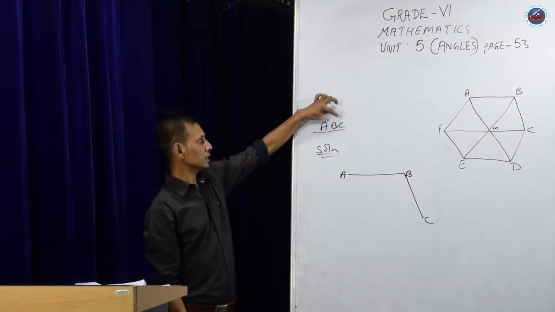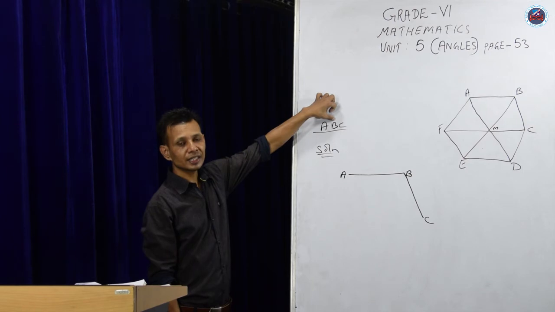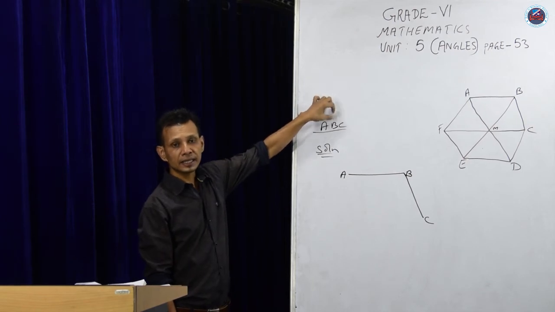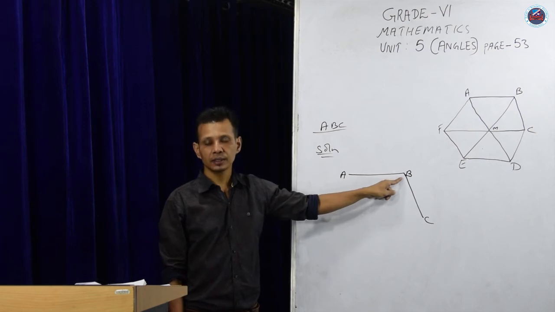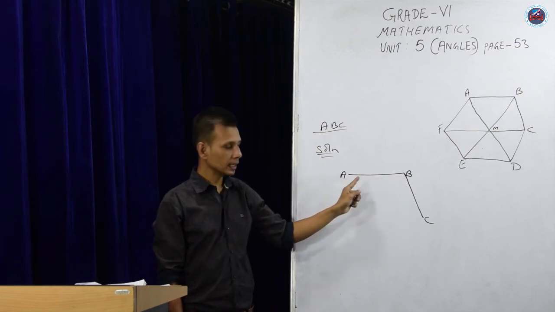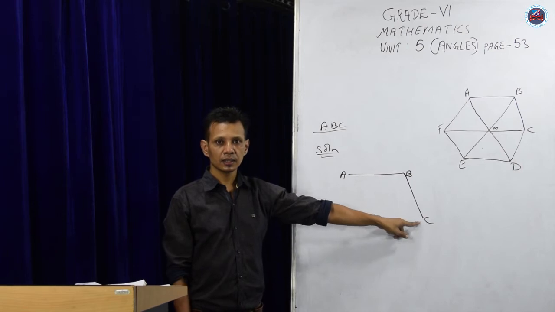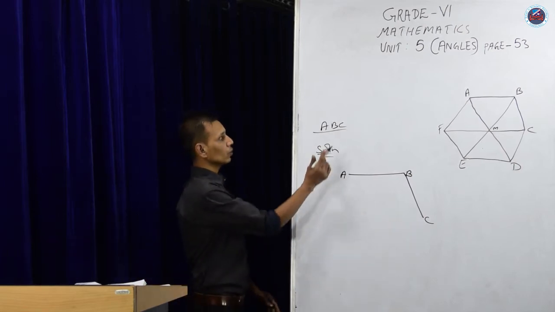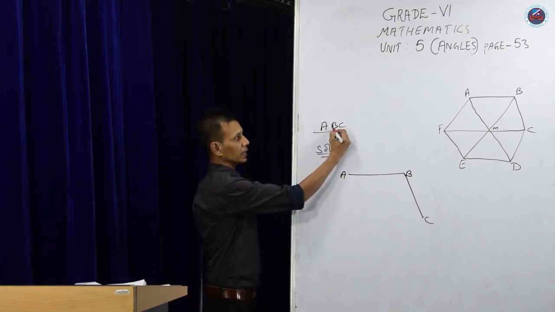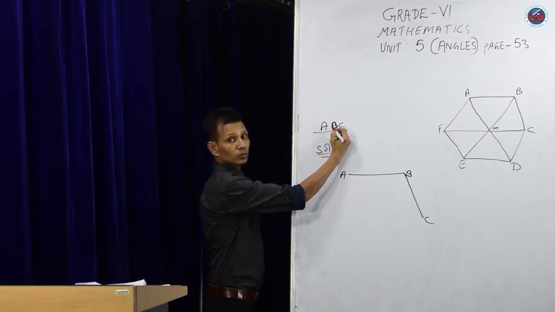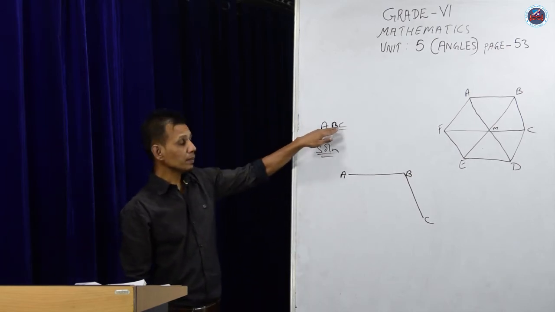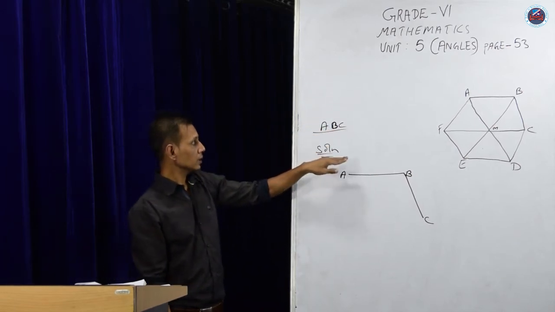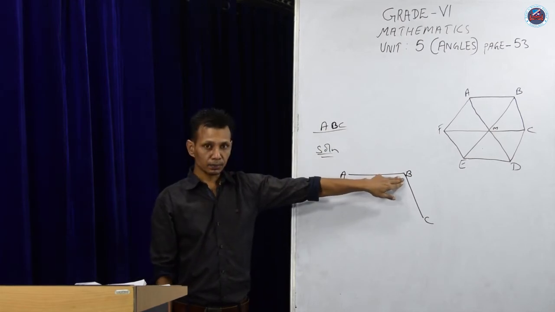Now just look, ABC, which is in the middle, B. They are actually talking about this angle, B. Not A, not C. How do we know that? When any letter is in the middle, it means this angle is being asked to find, not A, not C. So in ABC, we know that this question is talking about this angle B.